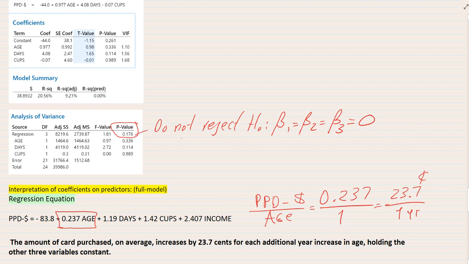So assuming we keep all of those constant, then the partial coefficient is 23.7 cents per year. And I have it here again, holding other three variables constant. So that would be the interpretation. Let me leave this one under for you. Okay, this was age.